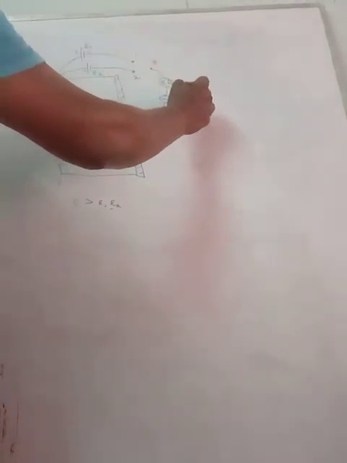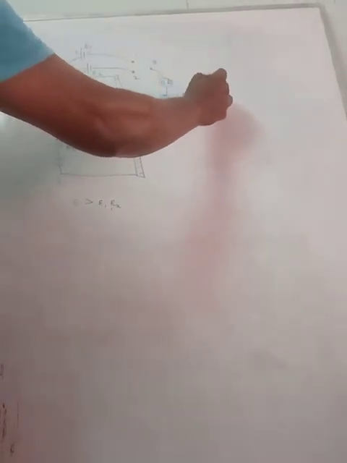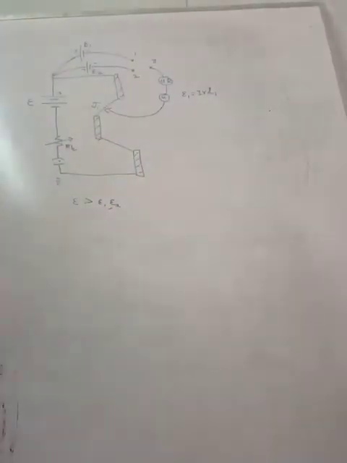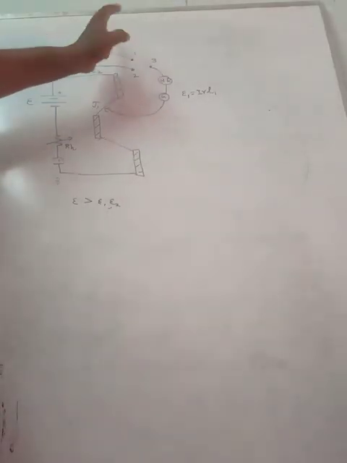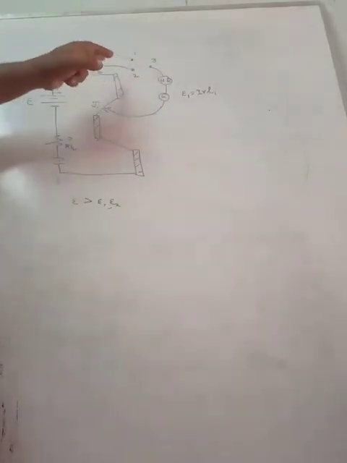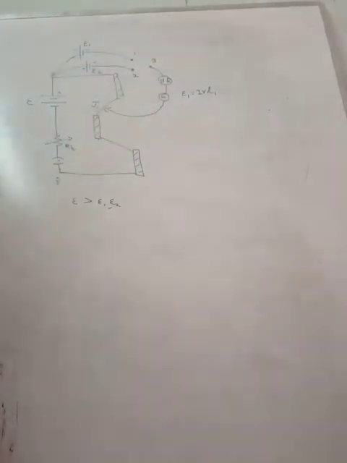According to the principle of the potentiometer, I can write E1 is equal to IR into L1, where I is the current flowing through the circuit. Now let me disconnect the first cell and connect the second cell to the terminal 3.